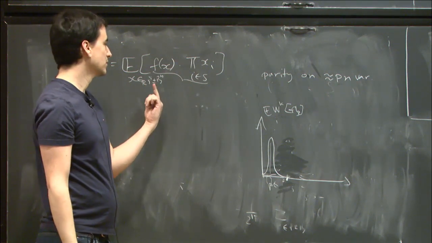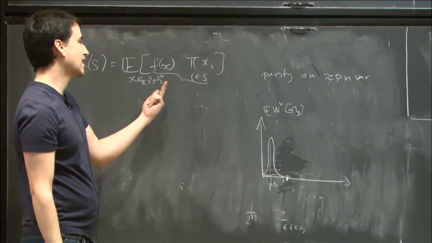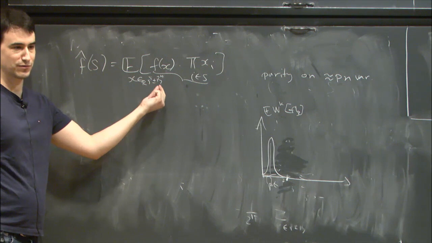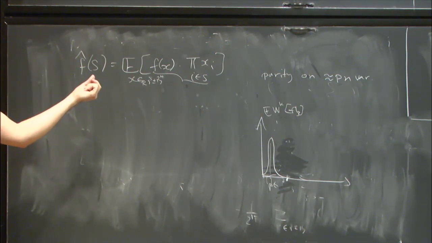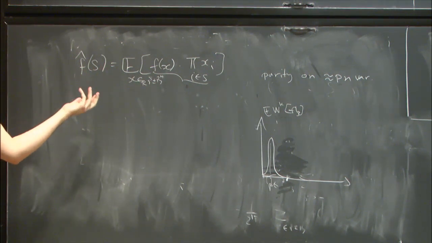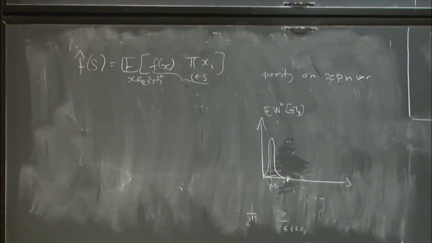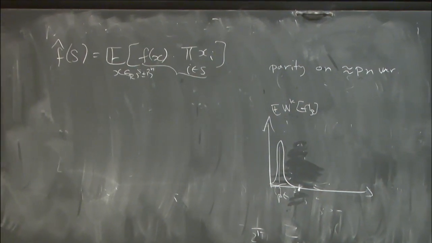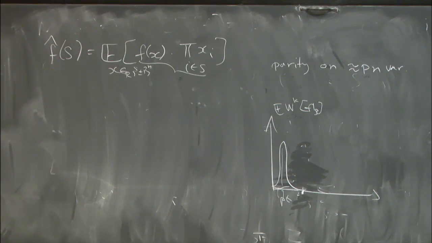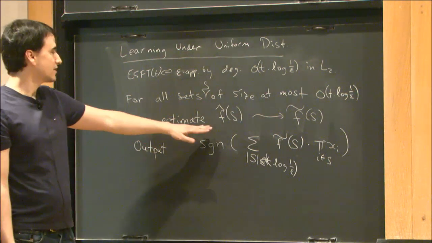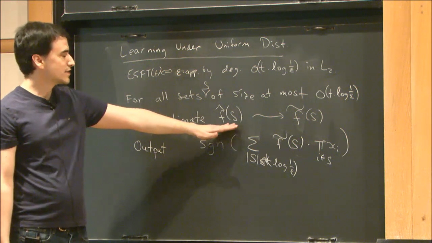So if we have random samples of these numbers, we can estimate this with very high accuracy just by taking the average of all samples that we saw. And then we use the Chernoff bound to argue that this is concentrated around the right value. So we need the number of samples to estimate each one of them.